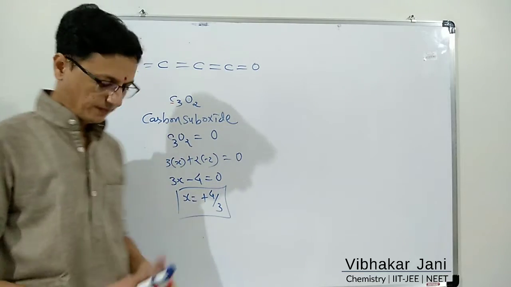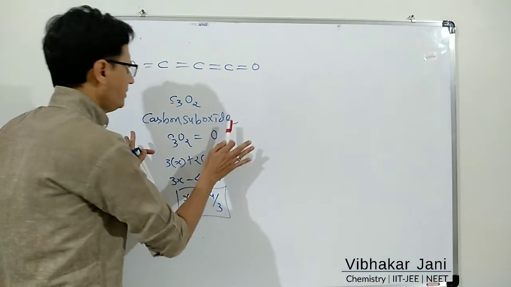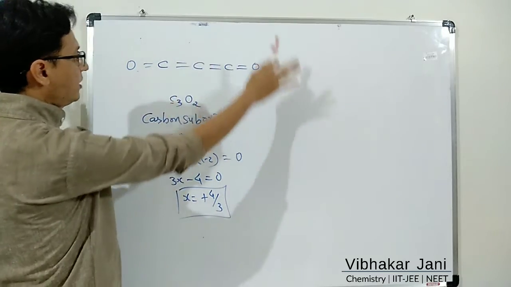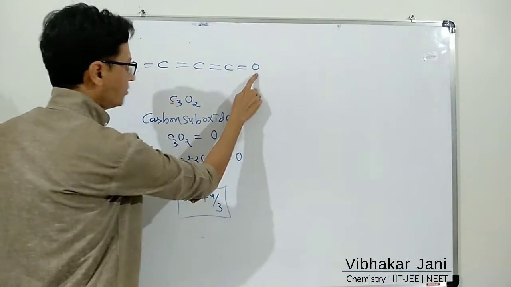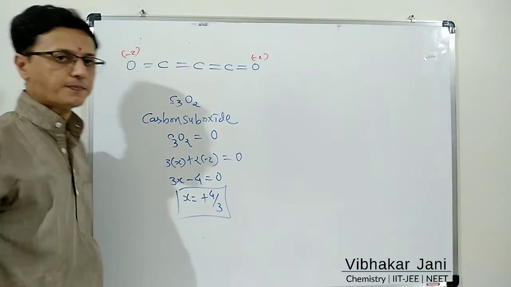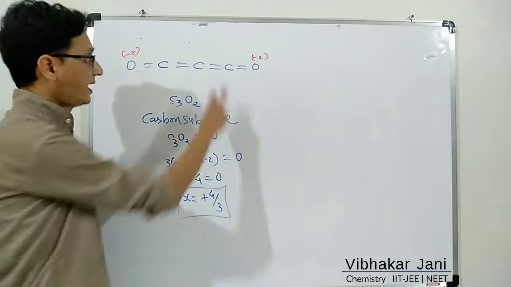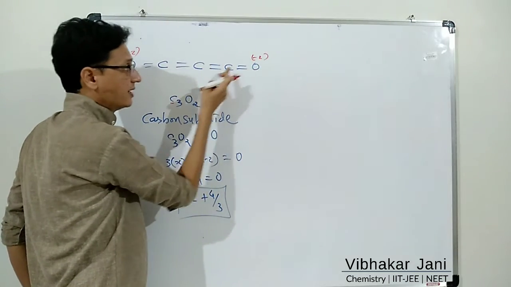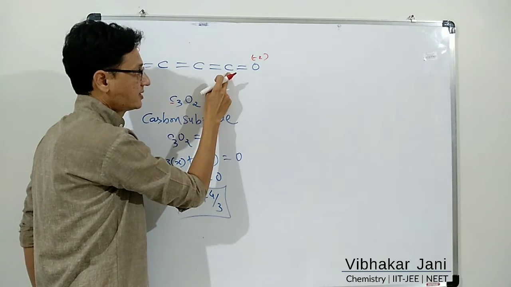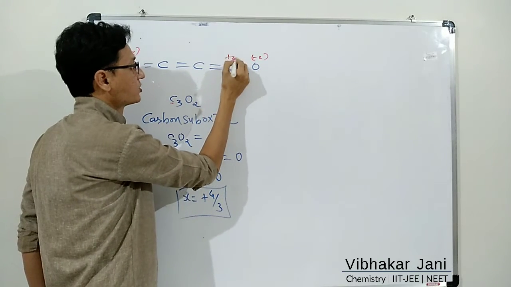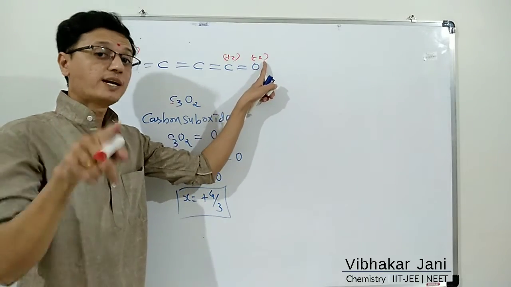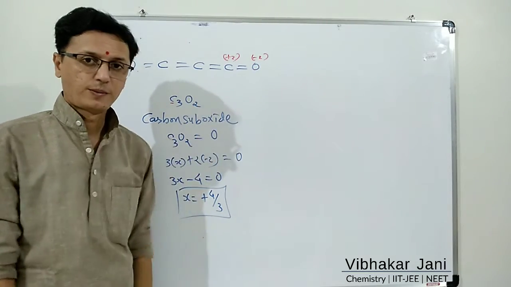Now let us count. It is very simple to count the oxidation state of any element from a structure. So here both oxygens must be in -2 oxidation state. The carbon which is attached with oxygen and also attached with another carbon will have oxidation state plus 2. As this oxygen is minus 2, to neutralize it, carbon must be plus 2.